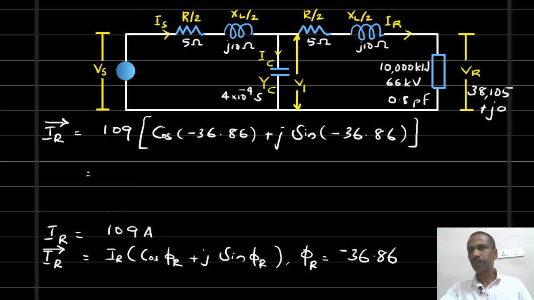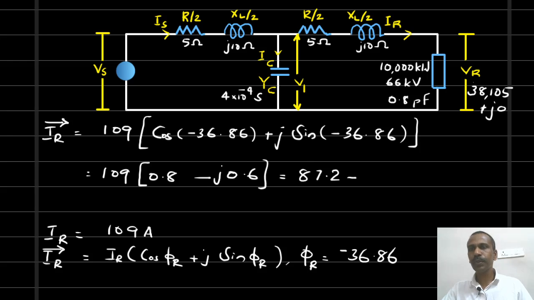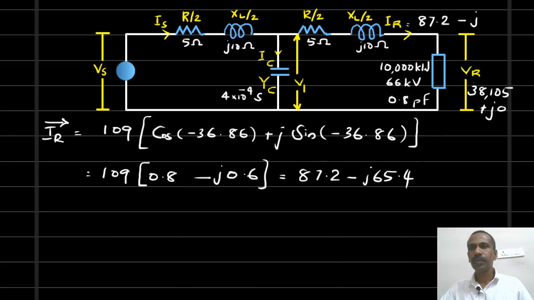You get 109 into 0.8, because cos of minus theta is cos theta and sin of minus theta is minus sin theta, becomes minus J 0.6, and this is equal to 87.2 minus J 65.4 amperes. This is the receiving end current.